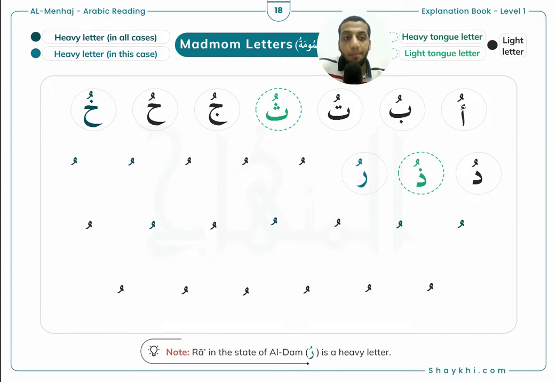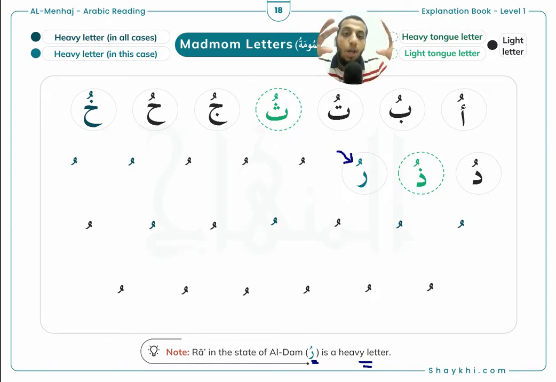So here is an important note, which is that a Ra in the state of Al-Dhamm is a heavy letter. We said when we explained maftuh letters that a Ra that has fatha is heavy, and a Ra that has kasra is light, and a Ra here that has dhamma is heavy.